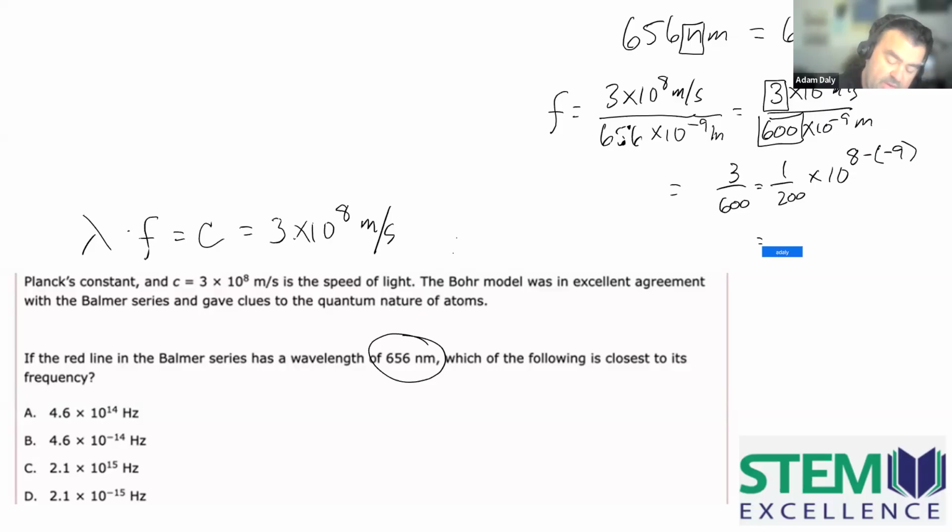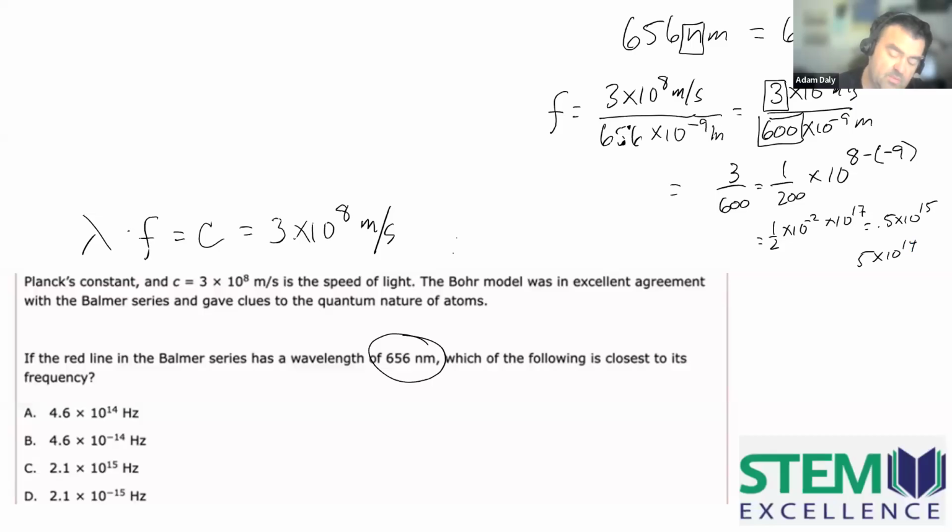So now we have 1 over 200, or 1 half, times 10 to the minus 2 times 10 to the 17, which is equal to around 0.5 times 10 to the 15, or 5 times 10 to the 14.